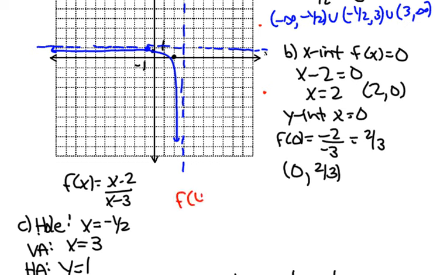We're going to do f of 4. 4 minus 2 is 2. 4 minus 3 is 1. That's 2. So the ordered pair here is 4, 2. So we know that it is going to be above. And again, we know it's never going to cross the horizontal asymptote. And we are done with our graph here. Again, let me try to draw a hole there for negative 1/2.